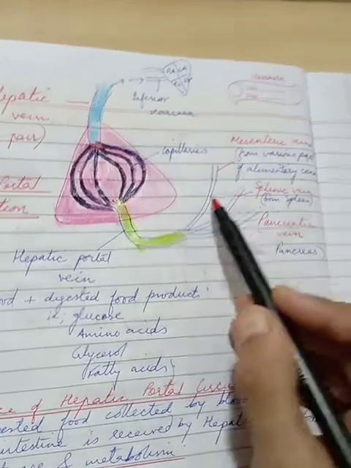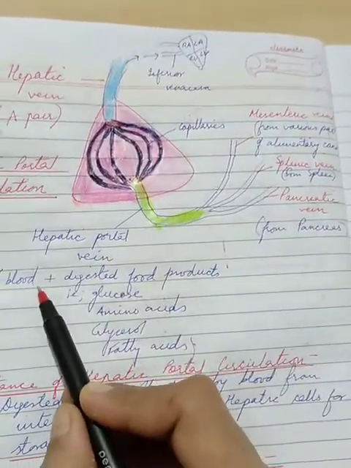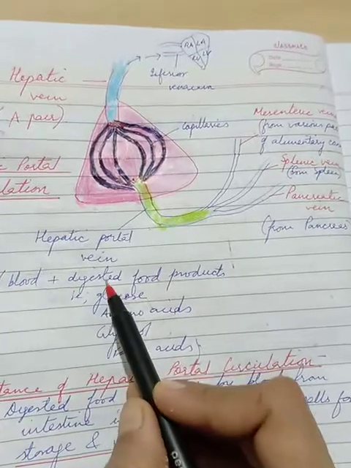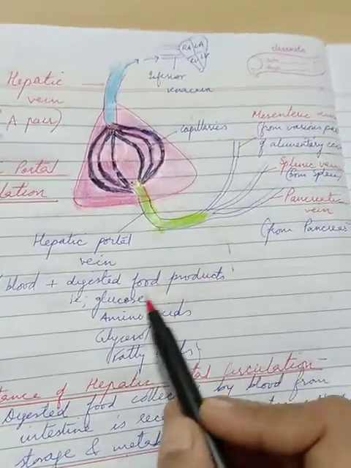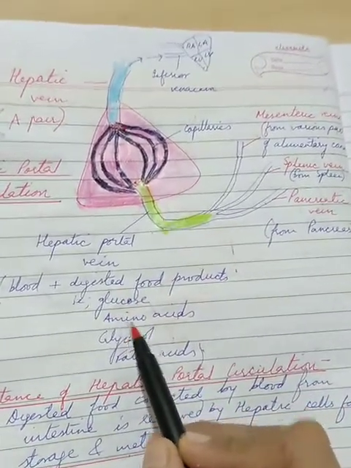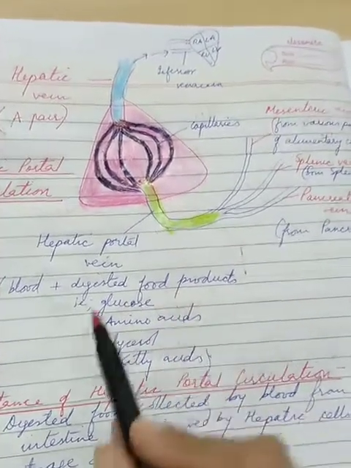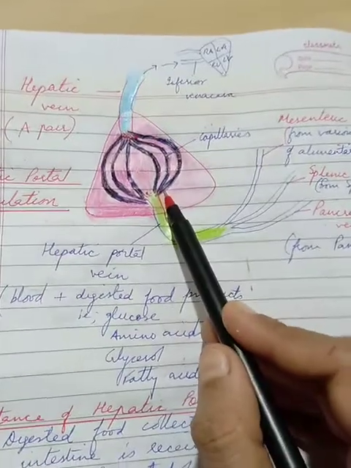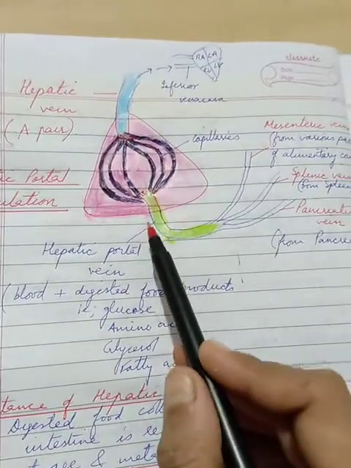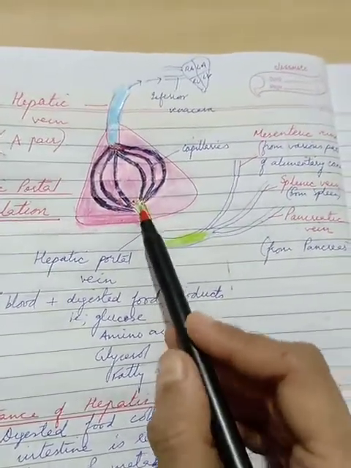And what does it carry? It is carrying blood with digested food products, glucose, amino acids, glycerol, fatty acids, etc. And where are these being carried to? The liver. Now, what happens to this hepatic portal vein when it enters the liver?